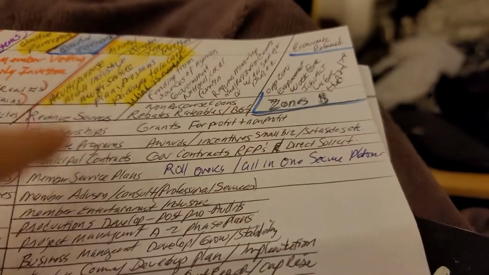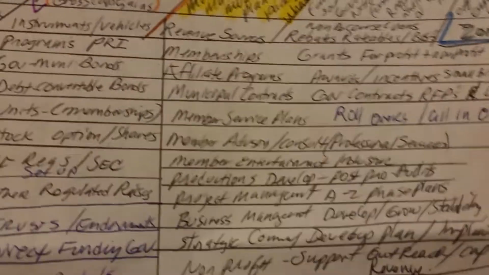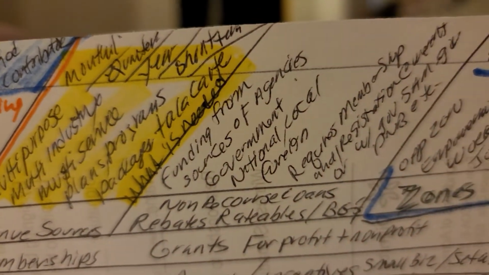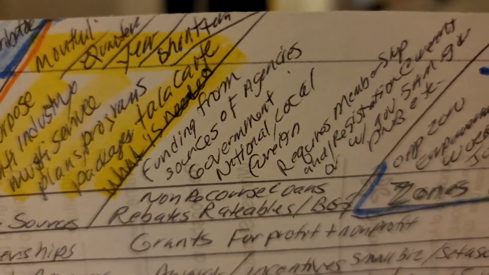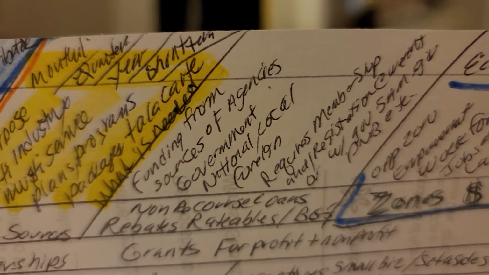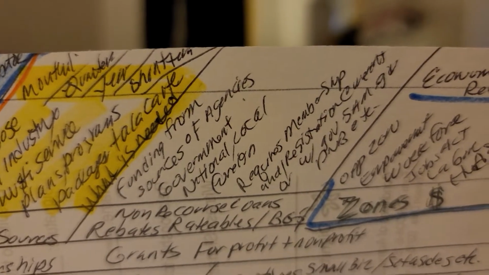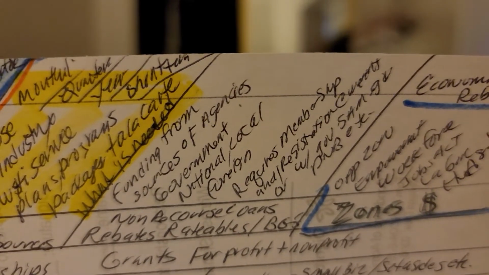So once we've identified the revenue source that it matches up with, what their needs are, then we can get into the funding form, the sources and agencies and things that we're going to be aligning with that, and what the requirements are from us, and we add that into their membership.